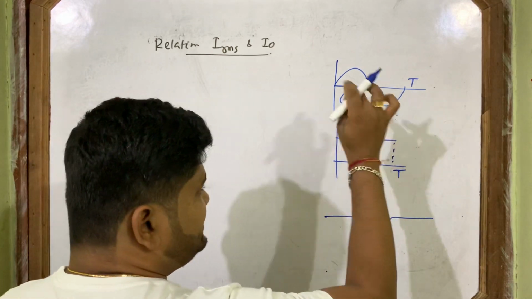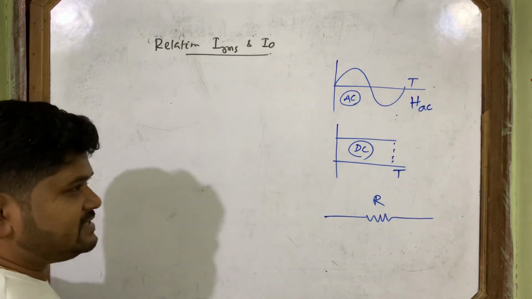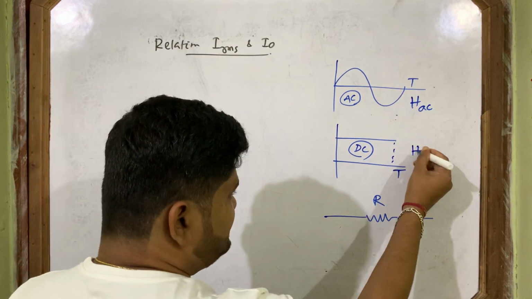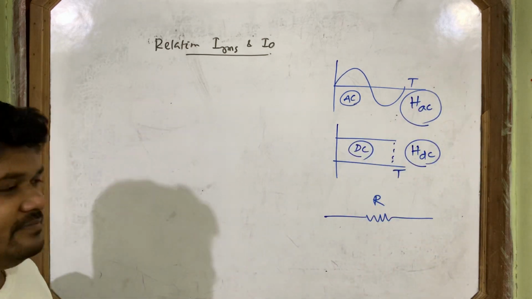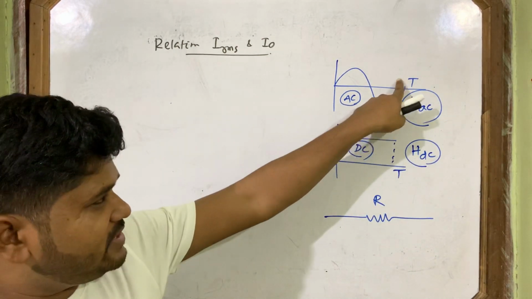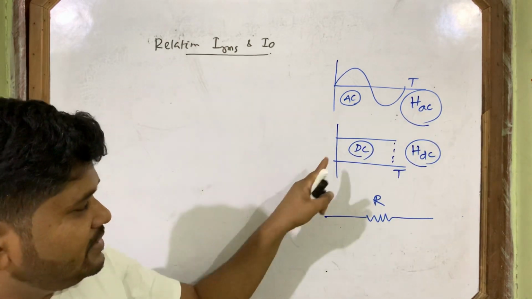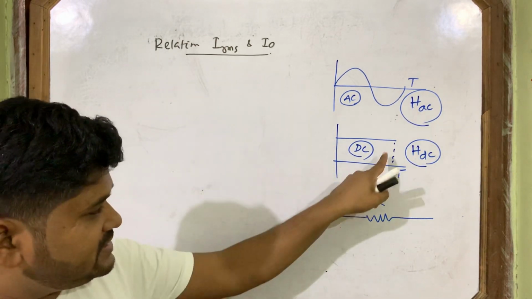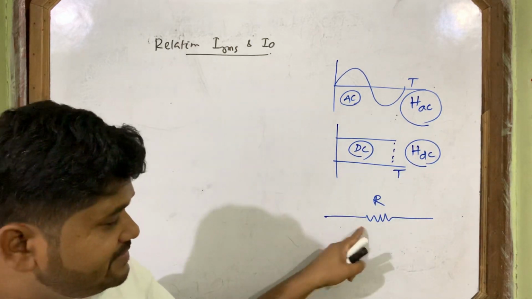When AC passes, heat produced is H AC. When DC passes for the same time, heat produced is H DC. You pass AC for T time, heat produced here is H AC. You pass now DC for the same T time, heat produced here is H DC in the same resistor.